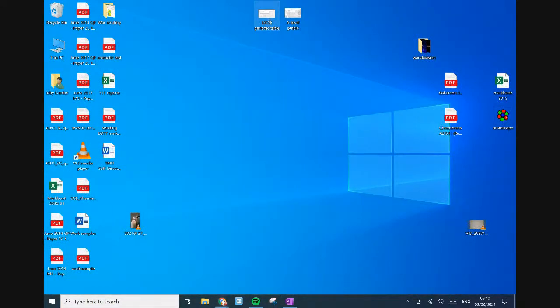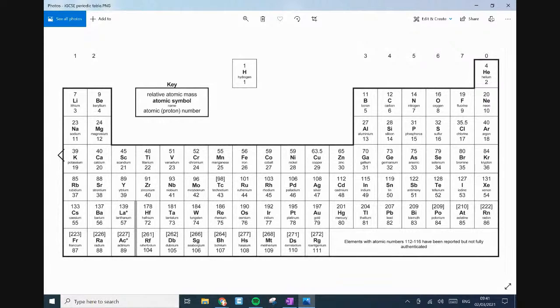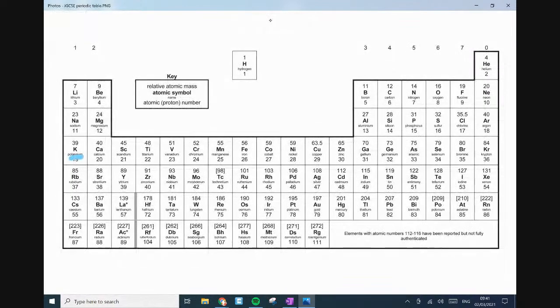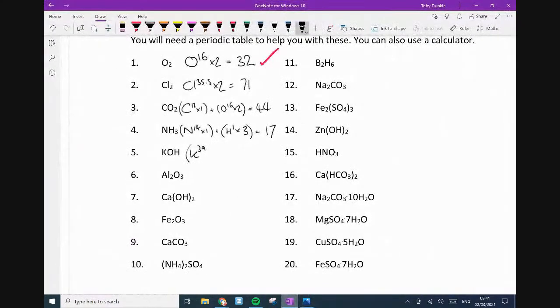I don't know all the relative atomic masses, I just know some of them. There we go, potassium 39. So 39 times 1 plus oxygen at 16 times 1 plus hydrogen at 1 times 1. Total for potassium hydroxide: 39 plus 16 plus 1 gives me 56. Tick it if you got it.